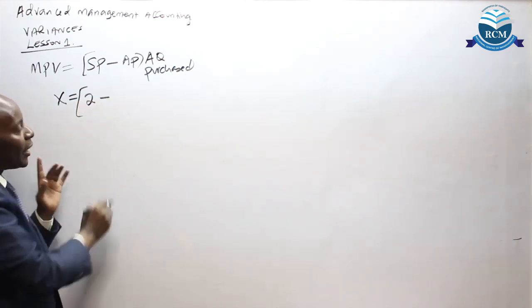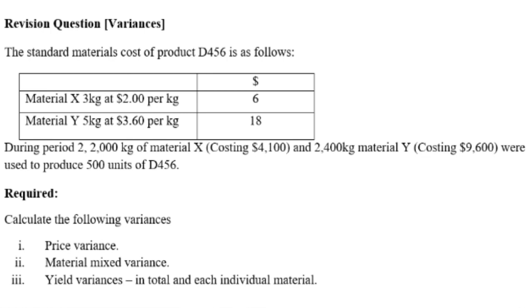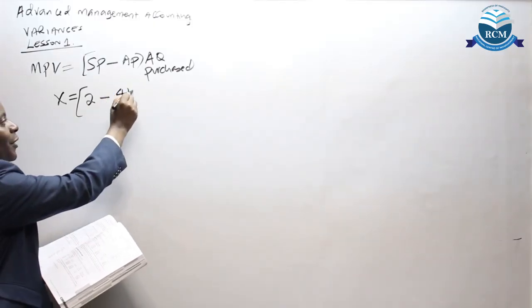2 minus actual price. If you look at the question very well, they have not given us the actual price per kilogram. So what we shall do, we can see that the total cost of material X was 4,100.